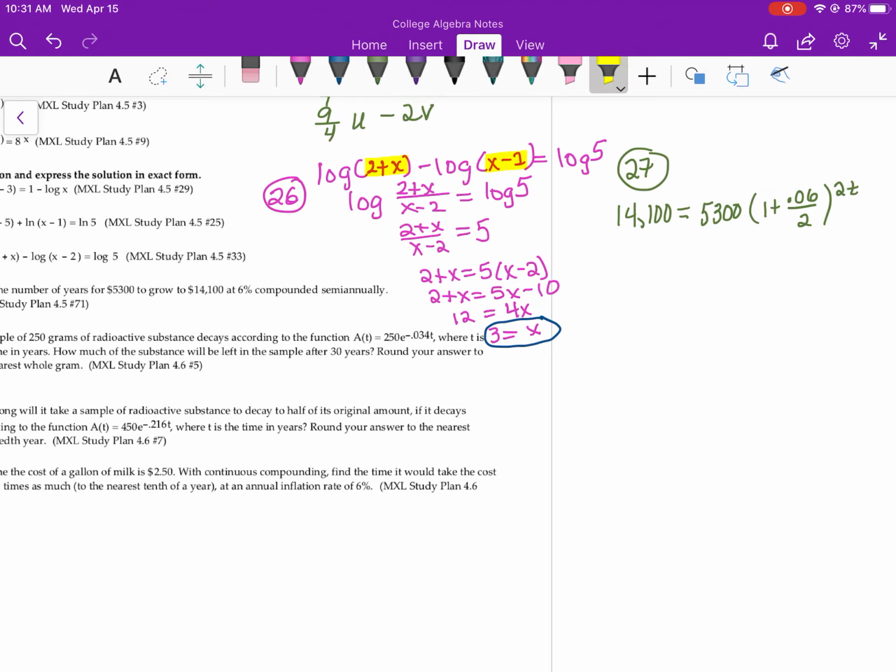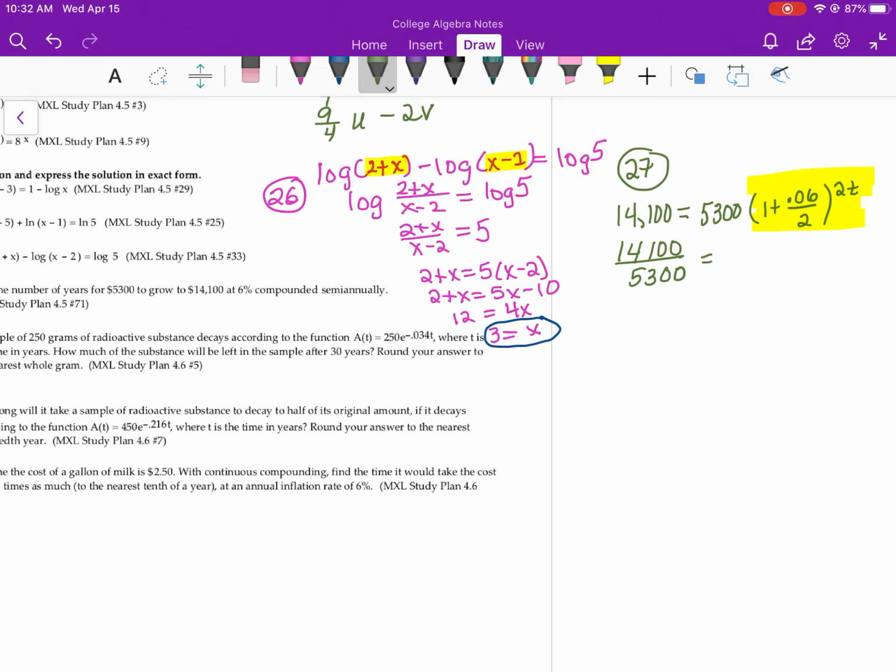What we want to do first is figure out how to get the exponential piece, the base and the exponent, isolated. And the way we're going to do that is by dividing 14,100 by 5,300. Now, I'm going to put that in my calculator just to see what it is. That comes out to a decimal that is kind of long, so I'm just going to leave it as 14,100 over 5,300.